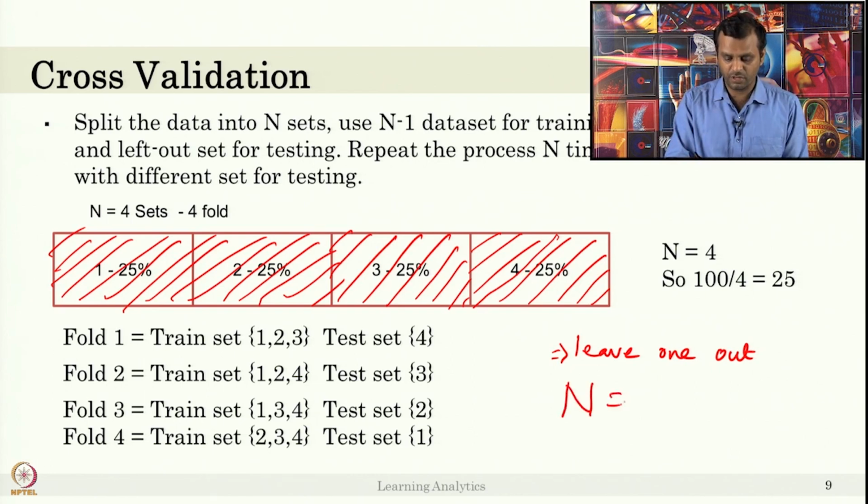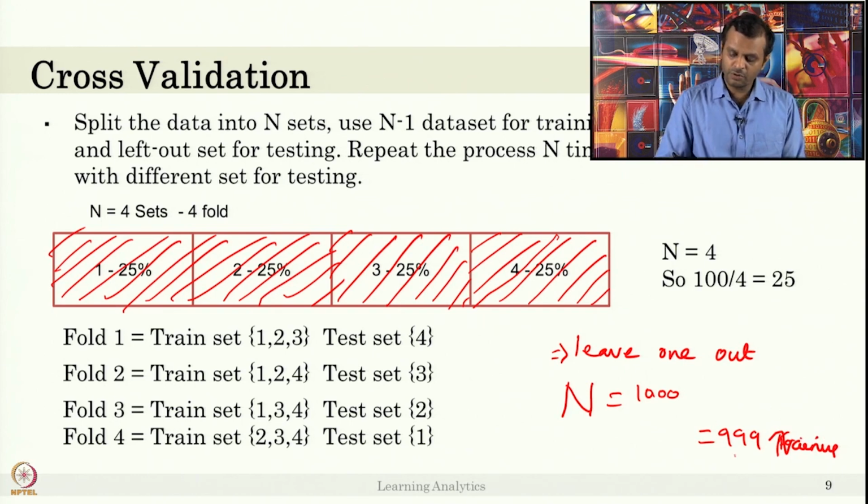Here in this case we have 1000 students' data. If you have 1000 students' data, the leave one out fold will be 1000-fold cross validation, where n-1 data will be used for training.